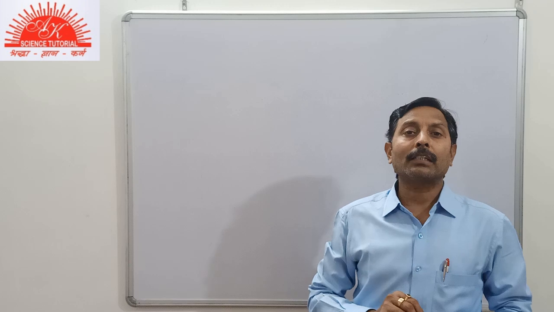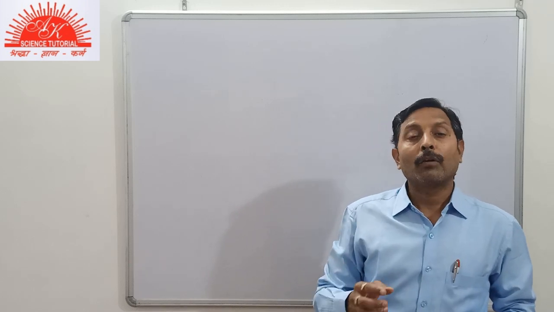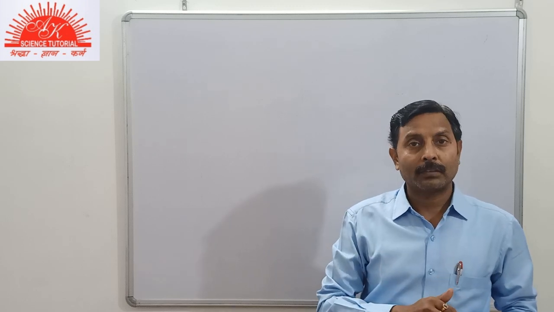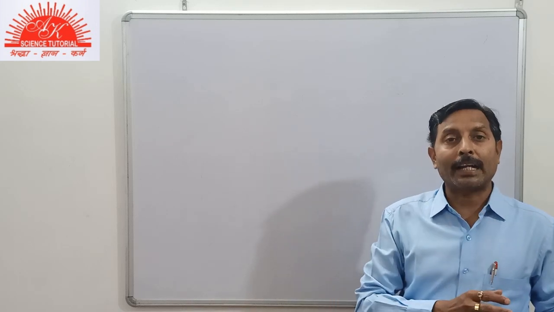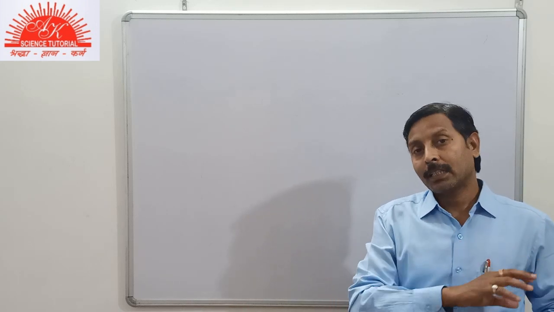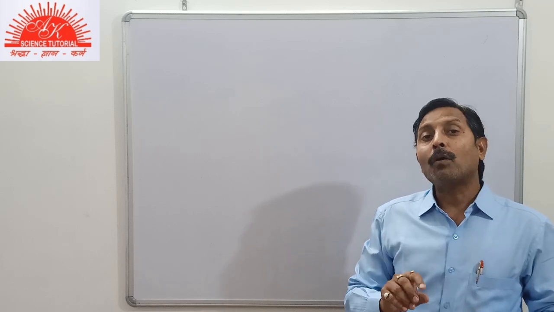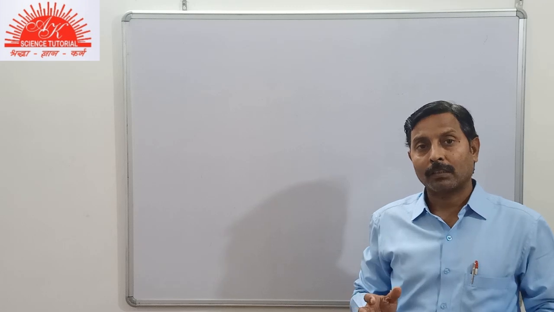In today's class, as a continuity for the practicals, we will study test of anion. That is the acidic radical, the negative radical or ion present in a salt. You have studied about the test of cation in analytical chemistry chapter.